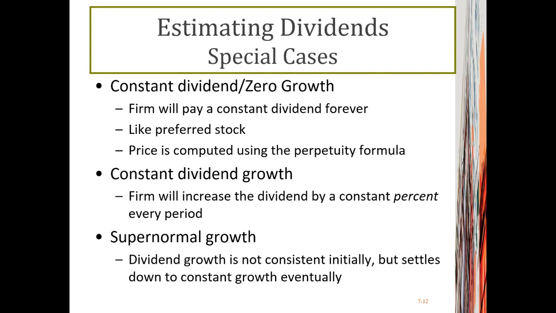A company may grow very aggressively for the next 5 or 7 years, but eventually the growth rate will decline to a constant and more stable but pretty low level. So that is a supernormal growth scenario. And we need to consider all three scenarios for stock valuation.